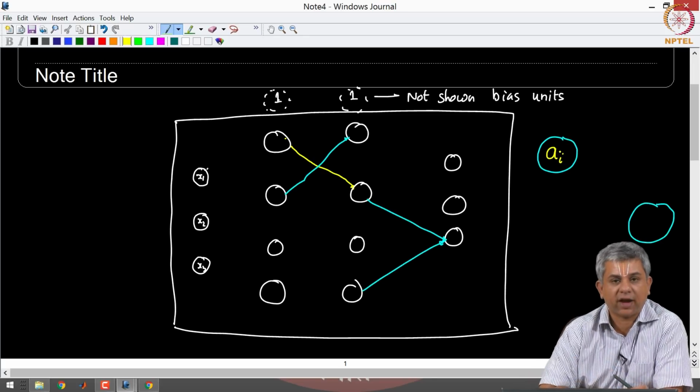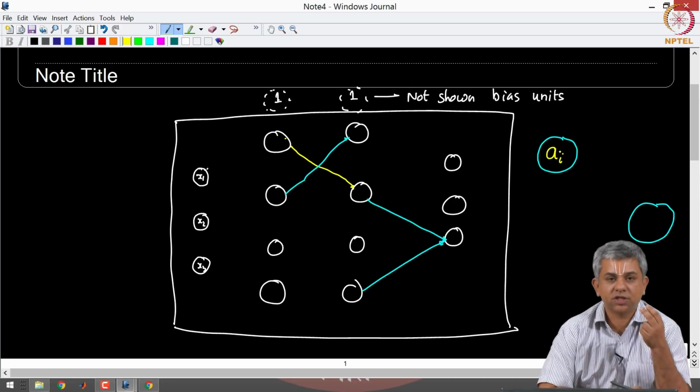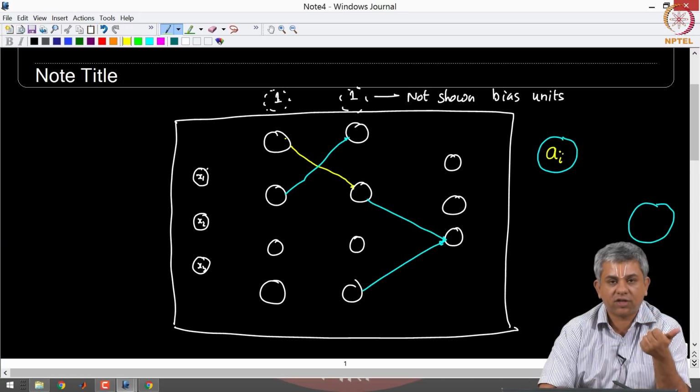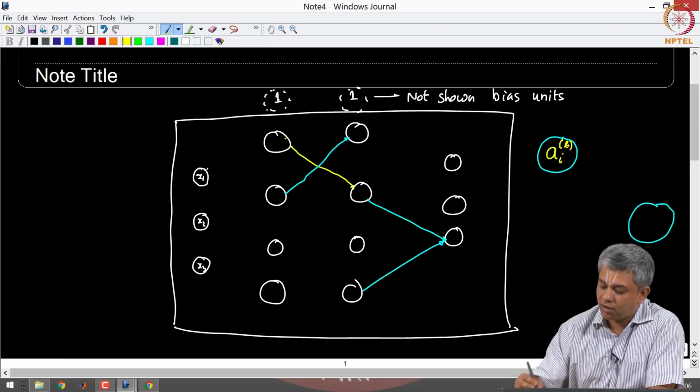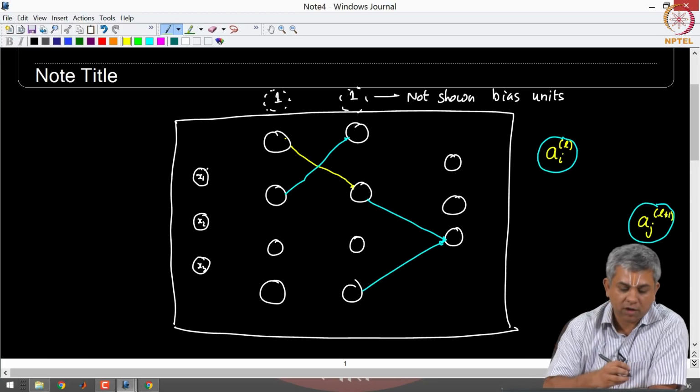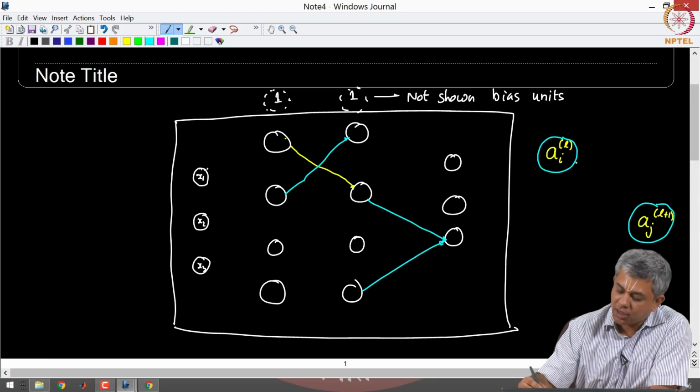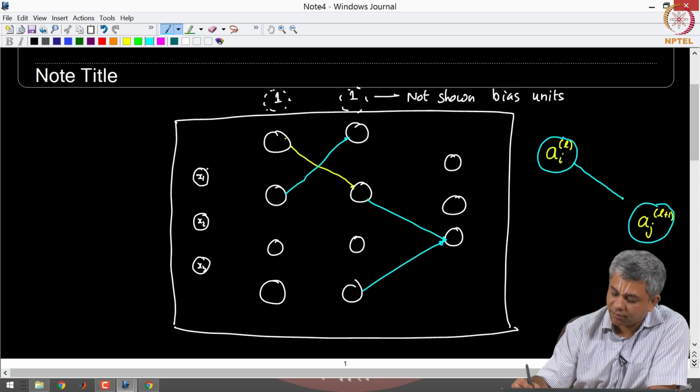Remember, A stands for activation. The activation comes after the 2 operations have happened, after the summation and after the nonlinearity. Okay. So, if I look at this AI which is sitting at level L and AJ which is sitting at level L plus 1, the 2 are connected by a single line.